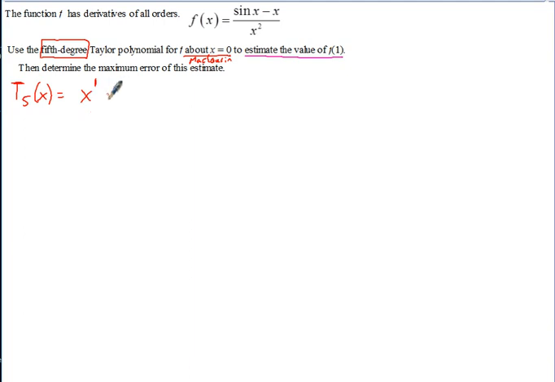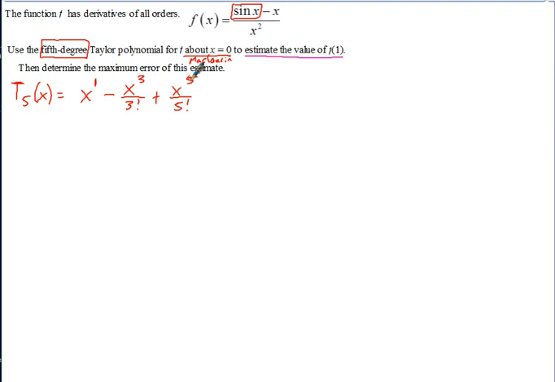And then it's alternating, so it's minus the next odd exponent, x to the third over 3 factorial, and alternating, because the sign graph switches from positive to negative, so plus the next odd exponent, x to the fifth over 5 factorial. So if we were just finding the fifth degree Taylor polynomial for just sine of x right here, that would be it. We'd stop right there because it's a fifth degree, that's the highest exponent.